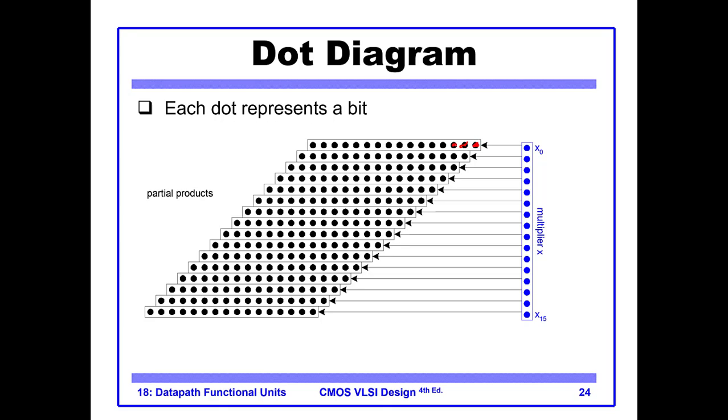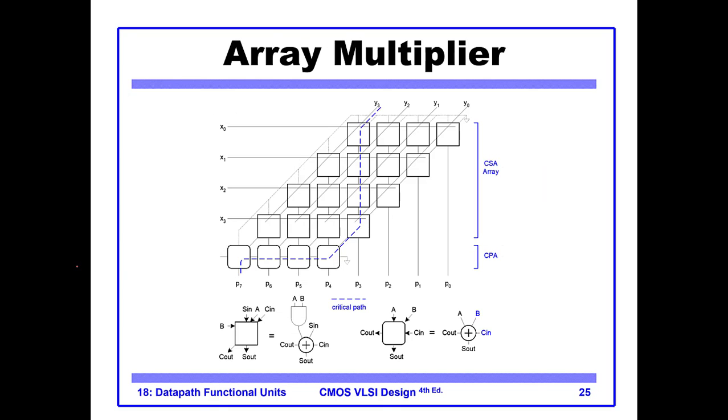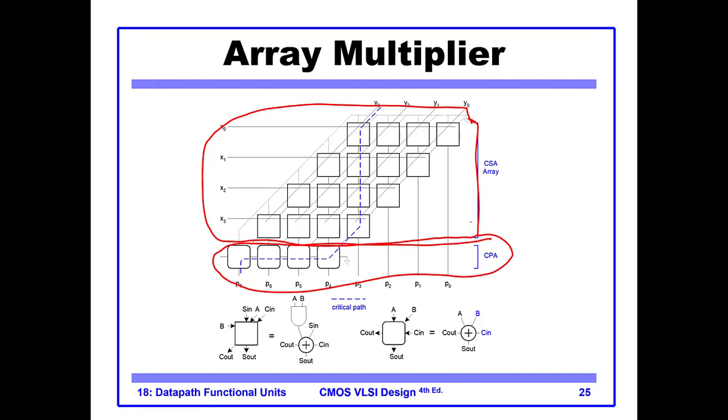Okay, and we reduce these dots using these approaches. So you see that here we have the carry save reduction. Every one of the carry save compressors reduces into 2, and then when we have finally the result, we apply a carry propagate adder.